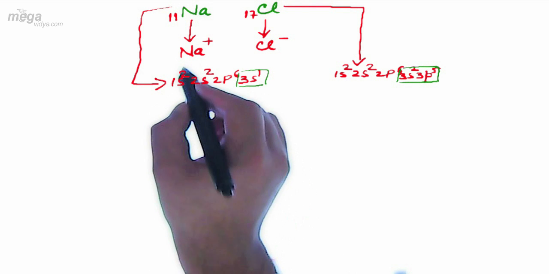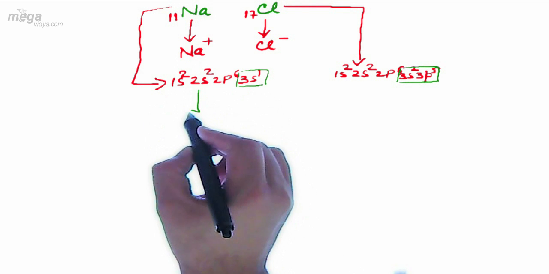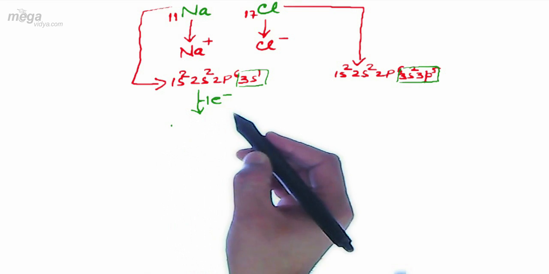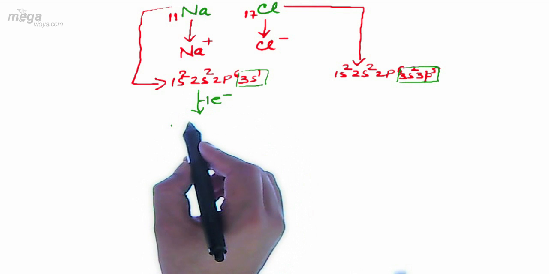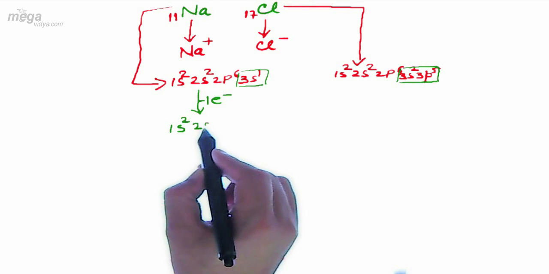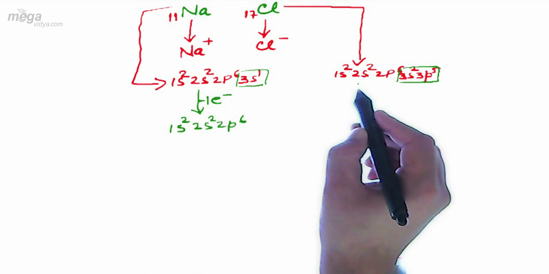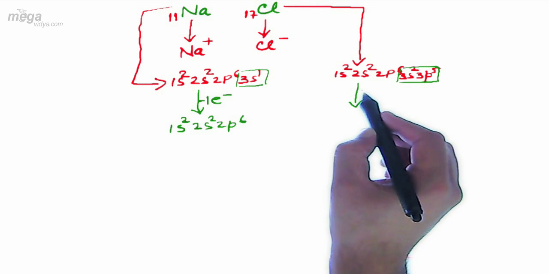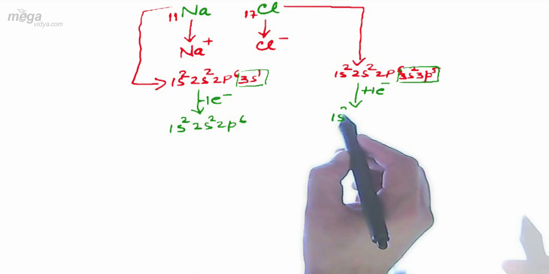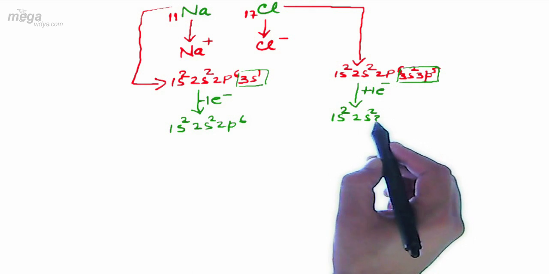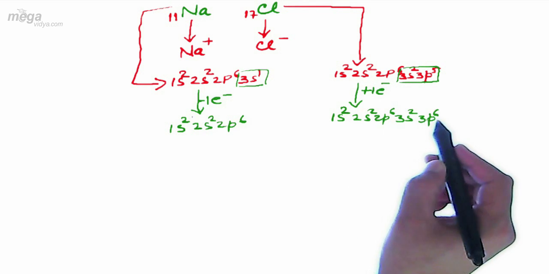Now when sodium undergoes the loss of one electron, it's obvious that the electron loss will take place from the valence shell. So its new configuration will be 1s2 2s2 2p6, while in case of chlorine, after gaining one electron from sodium, its configuration will be 1s2 2s2 2p6 3s2 3p6.